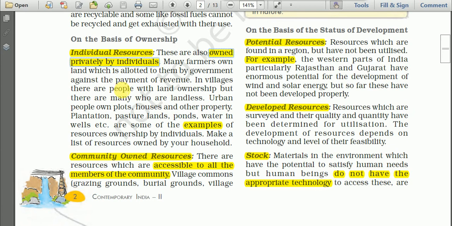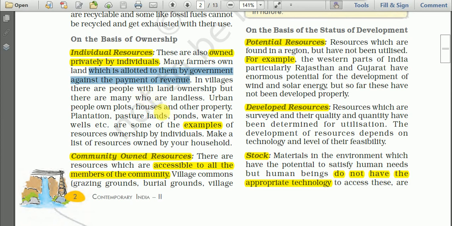For example, farmers own land which is allotted to them by the government against the payment of revenue. So we are owning land, and in return we are paying taxes to the government. So my plot of land is an example of an individual resource.